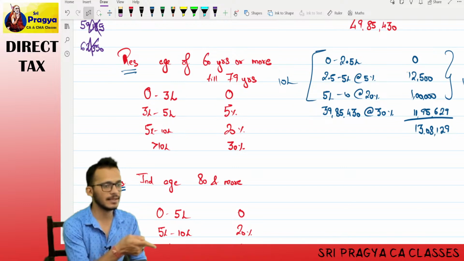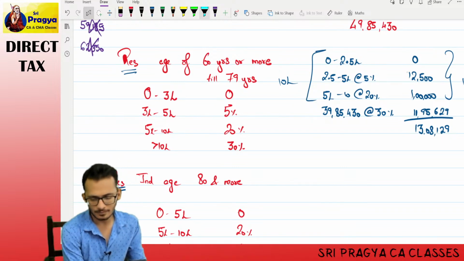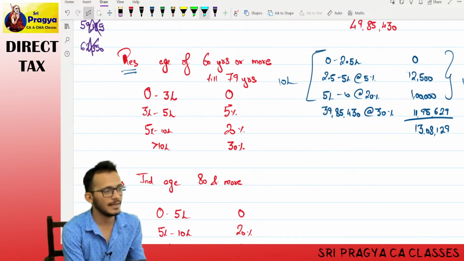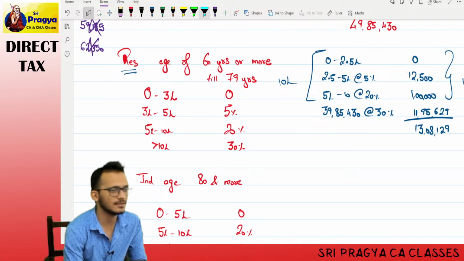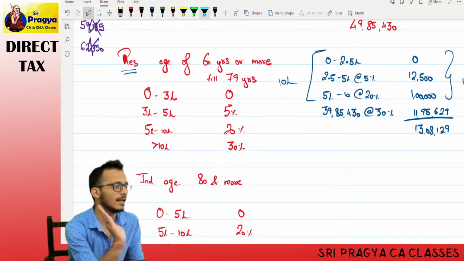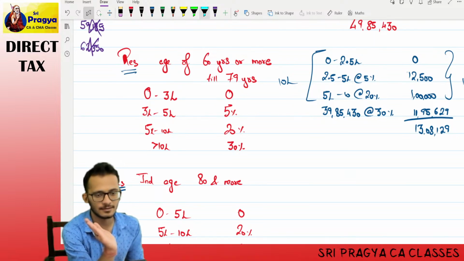Can we try the same sum in calculator? Yes, let's try. What is your income? 76,92,540. Let's do it on calculator in a single shot. Up to 10 lakhs, you know the tax. More than 10 lakhs, what will you do?